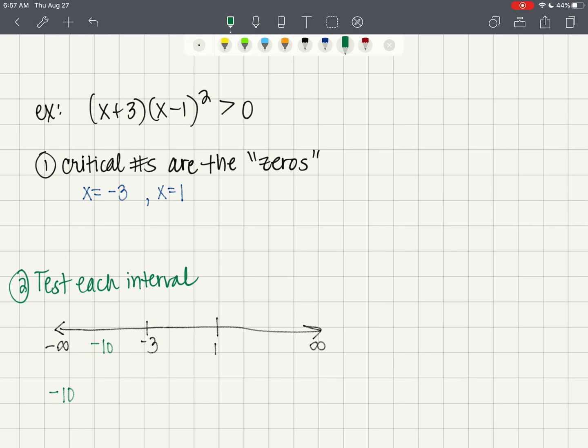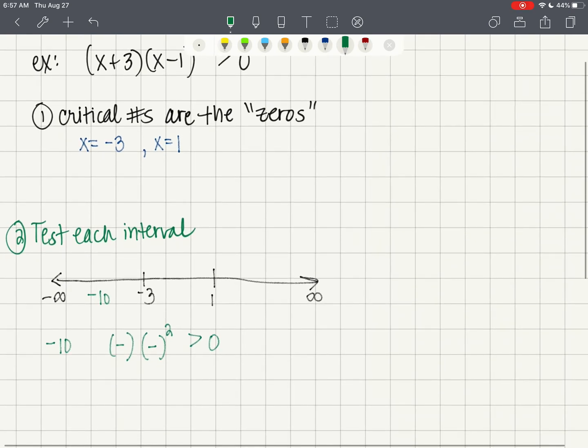When I put a -10 in, -10 plus 3 is a negative number. -10 minus 1 is a negative number squared. And I need to see if that's greater than 0. Well, a negative times a negative times a negative is a negative, and a negative result is never greater than 0.